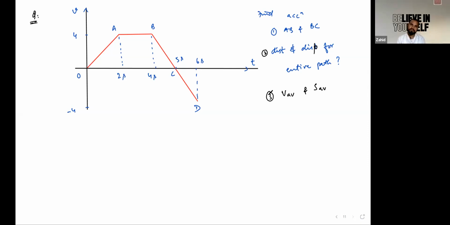First, you have to calculate acceleration between AB and BC. Second, calculate distance and displacement for the entire path. And third is average velocity and average speed. Average velocity is net displacement over time taken, and average speed is total distance over total time.